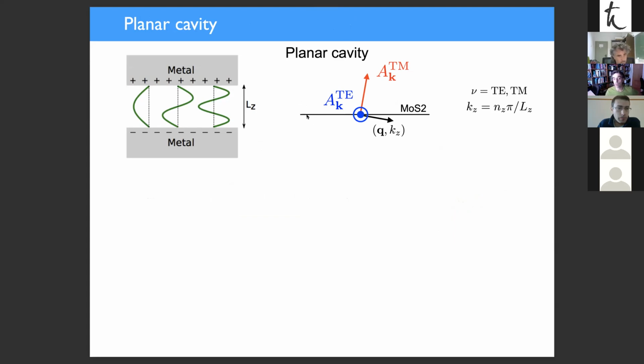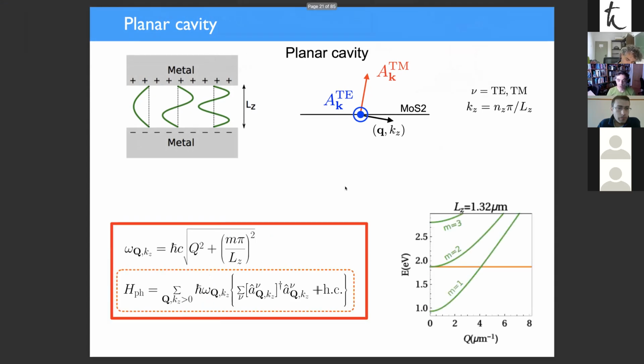This is with respect to the two-dimensional layer, and it is important for what follows that the transverse electric mode has its electric field fully in the 2D layer, while the transverse magnetic mode has a part that is longitudinal and a part that is transversal. Actually, for normal incidence, both of them would be in the plane, but when the wave vector is away from the normal, then the transverse magnetic mode has a reduced in-plane component.